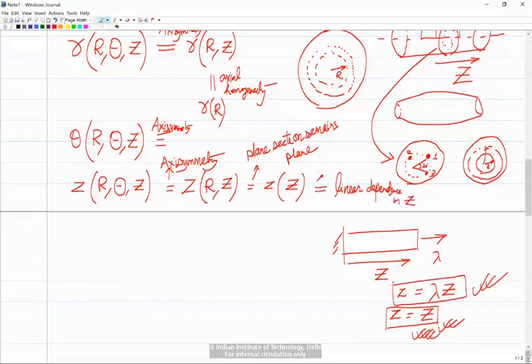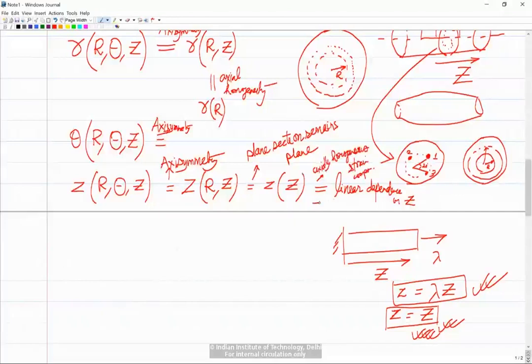And why is it so? For axially homogeneous strain components. Okay, now let's get back to small theta.